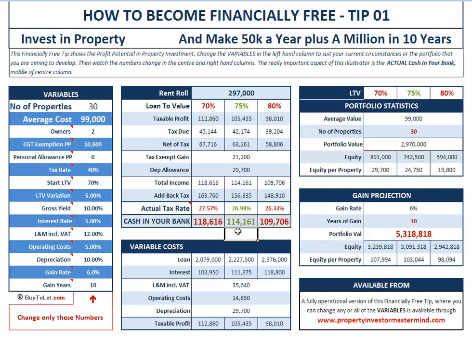Remember, tax paid. Okay? And across here, your portfolio value 10 years down the road would be worth over £5 million, and your equity would be just over £3 million. That is why I say, how to become financially free. Tip 1, invest in property.